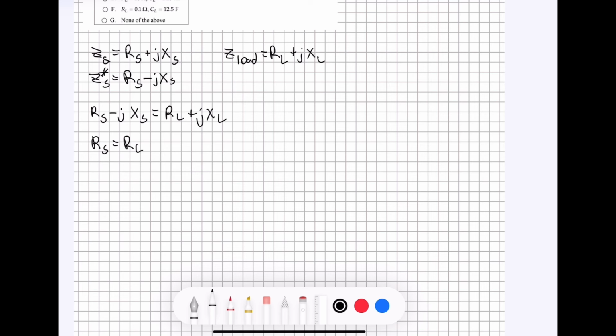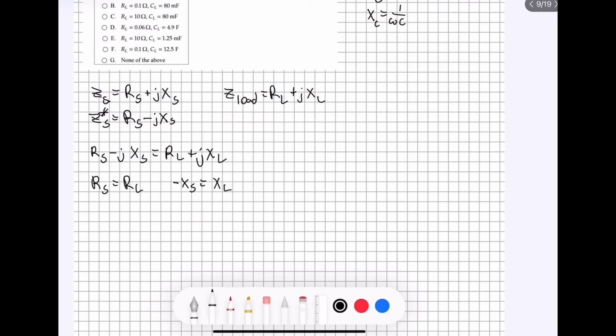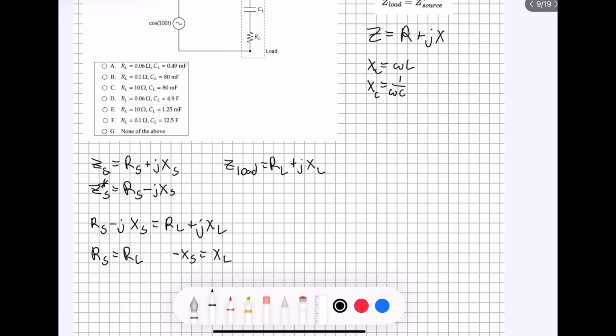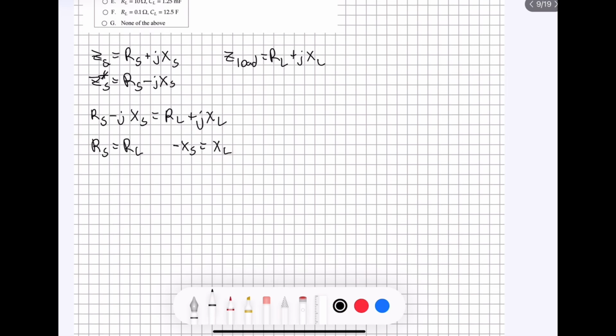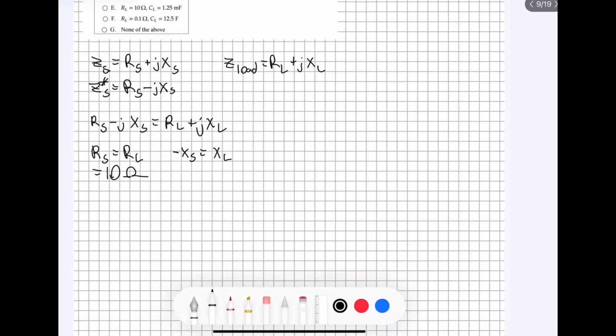So we will end up having something that looks like this, where the resistances are equal to each other, and then the reactance of the load is going to be equal to the negative reactance of the source. All right, we're given the resistance of the load, that's right here in the circuit. So we know that both of these are going to be equal to 10 ohms.